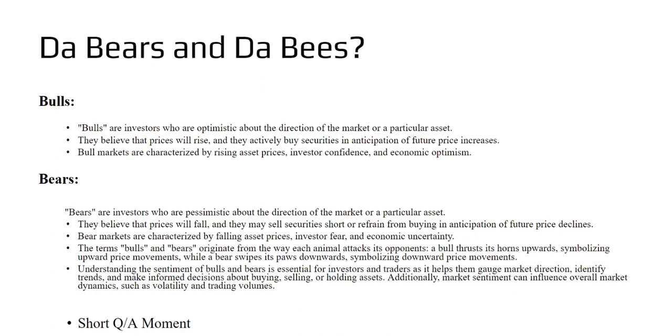Not that you really need to know that, but understanding the sentiment of bulls and bears is going to help you gauge market direction, identify the trends, and make informed decisions. That's all I want, is for you to make informed decisions. Additionally, market sentiment can influence the overall dynamics of things like volatility and volume, right?